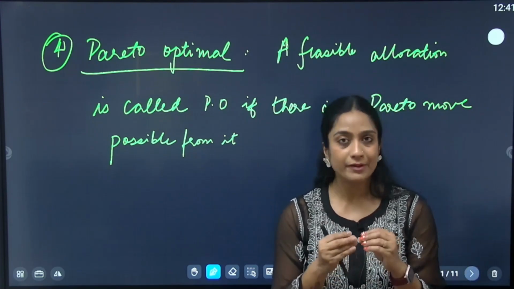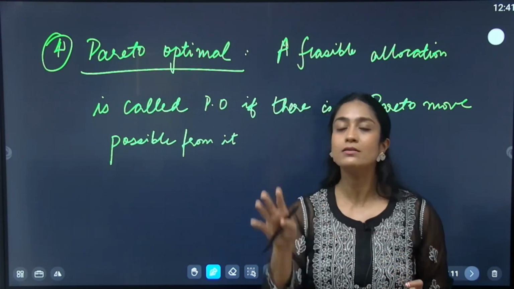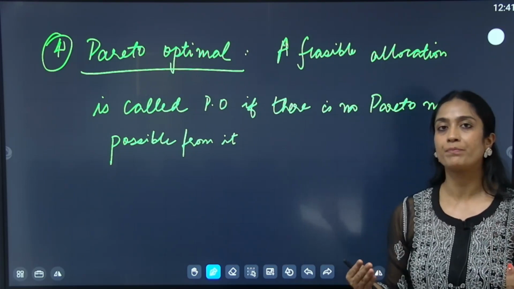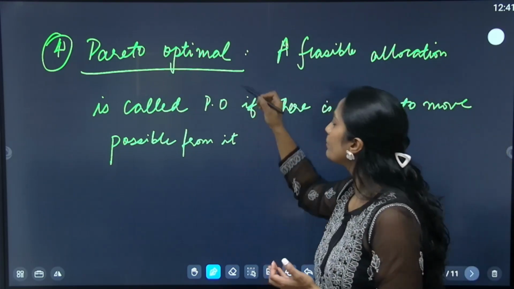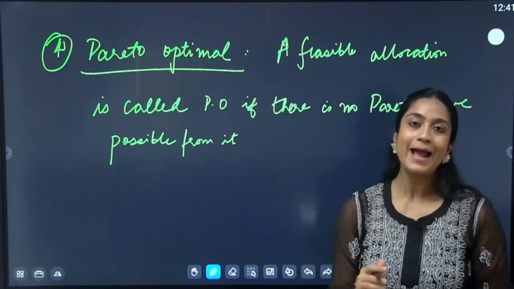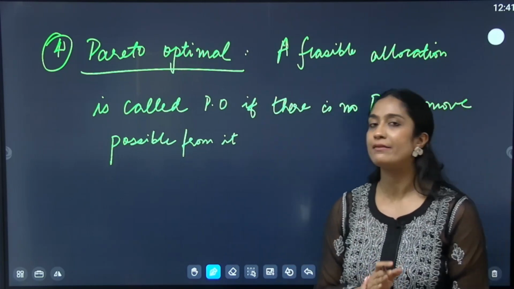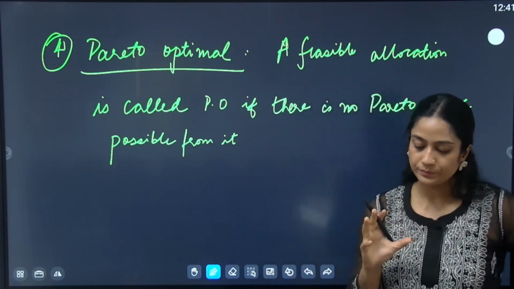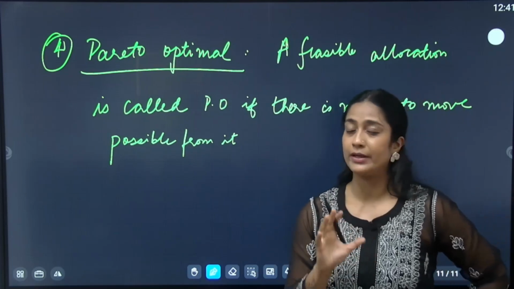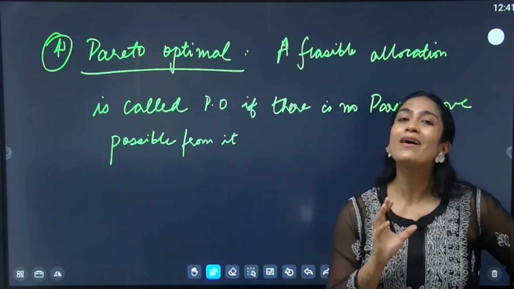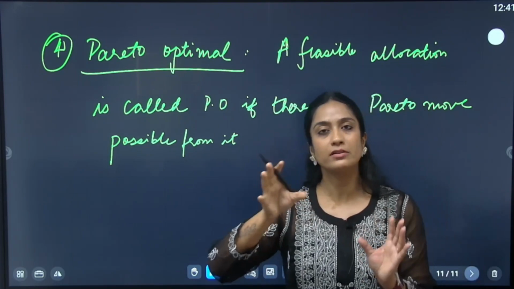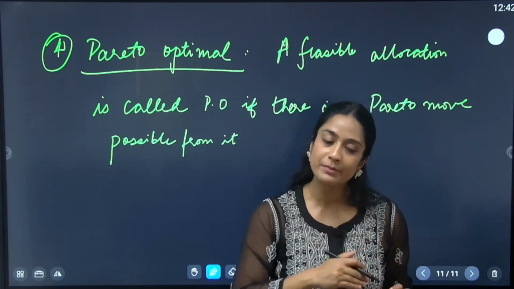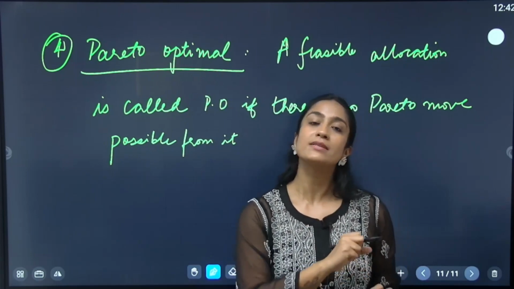If you have reached such a bundle in the set of allocations, then that bundle is called Pareto optimal, or Pareto efficient, and we are using the same idea of efficiency that we have used so far, which means that the size of the pie cannot increase. If you are increasing the size of the pie further from there, the increase is coming out of trimming the pocket of someone else.